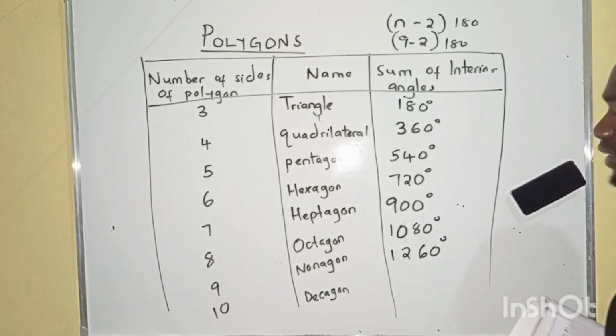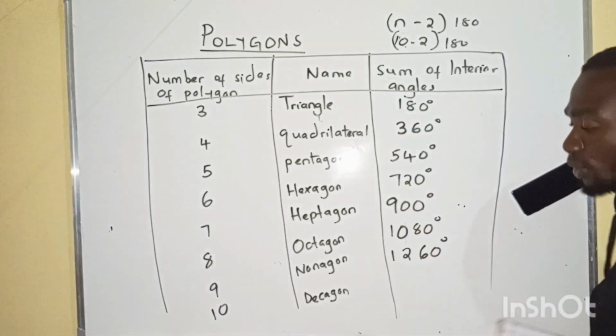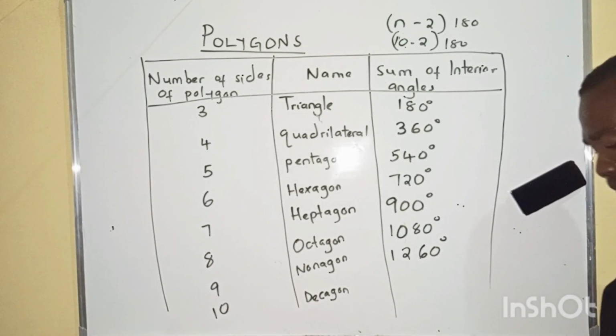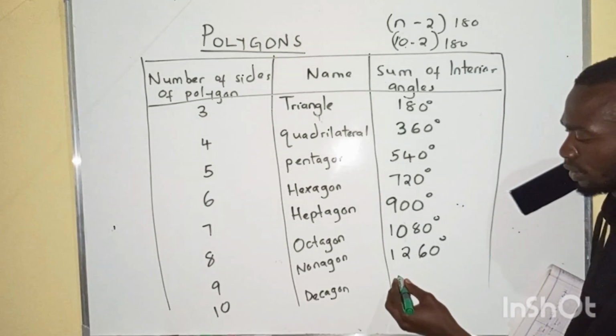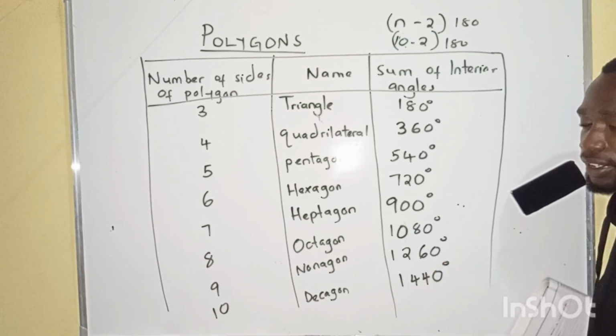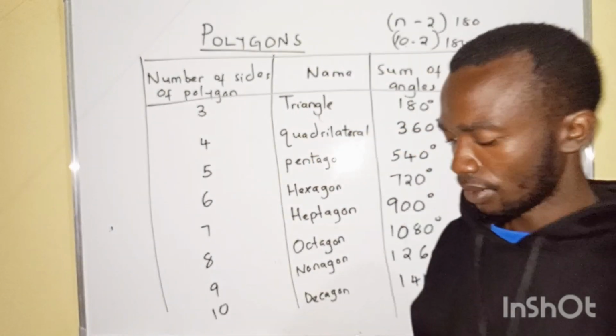Then finally 10, n is equal to 10, minus 2 is 8, times 180, so this gives 1440 degrees. These are just the sums of the interior angles.